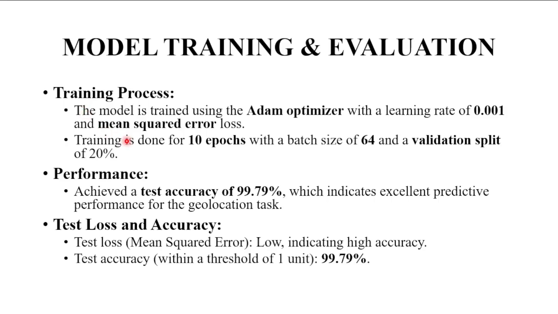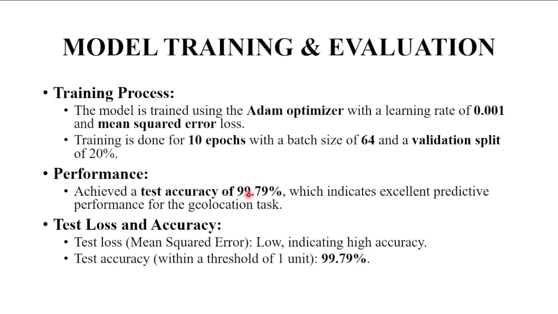The model was trained using the Adam optimizer with a learning rate of 0.001, and we used mean squared error as the loss function. The training was done for 10 epochs with a batch size of 64, and the validation split was 20%.